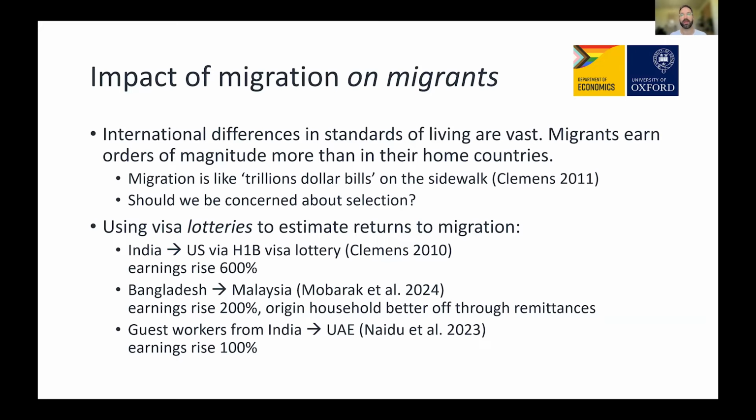So it seems like migration has massive benefits to potential migrants, and this work by Clemens, for example, calls the migration restrictions therefore the trillion-dollar bills on the sidewalk, the most effective potential development intervention that we could think of. If we could just move more people, we could massively benefit a lot of people moving to higher income countries.